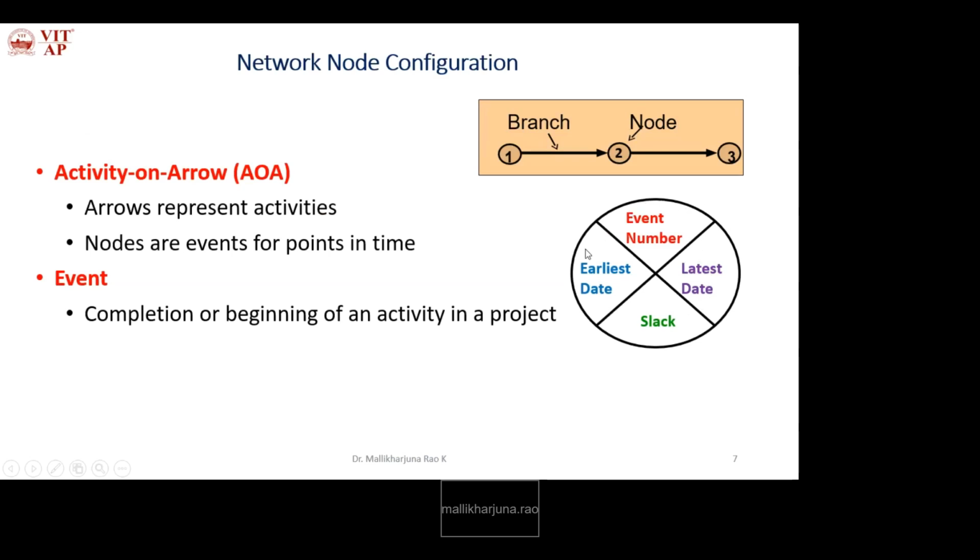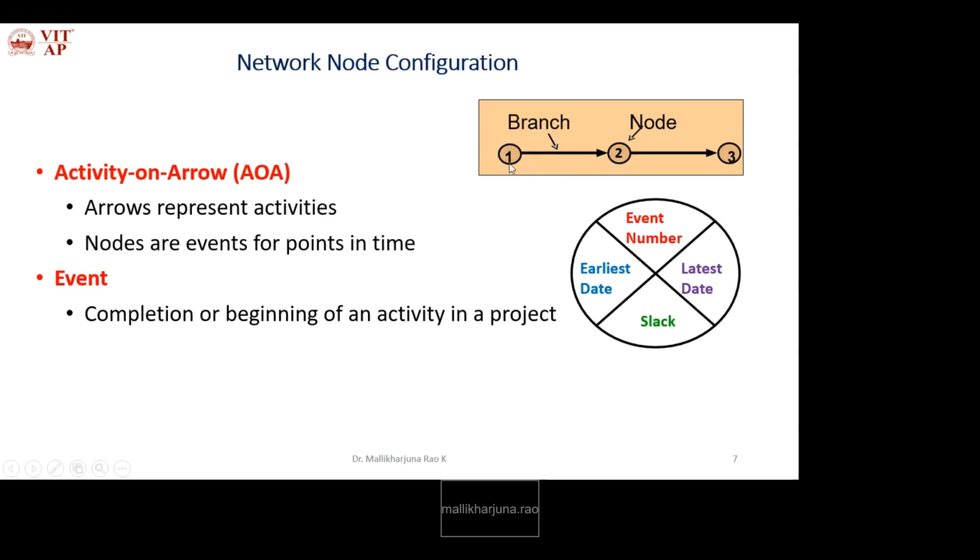This is the node configuration of the activity on arrow approach. Here we are representing the activity on the arrow, that is, on the edge, or the link, or the branch. What do we mean by event? An event is represented as a node. One activity requires two events.